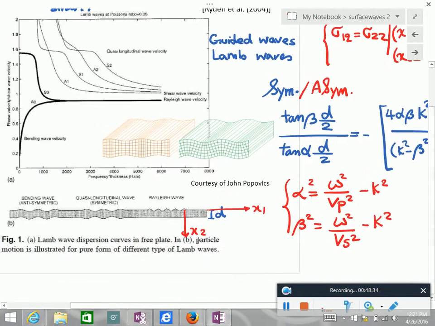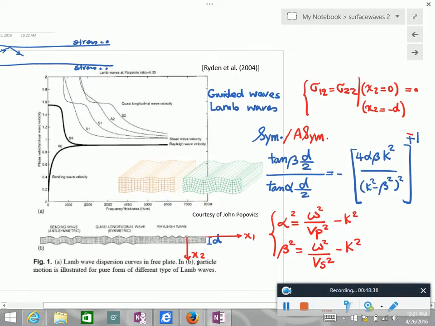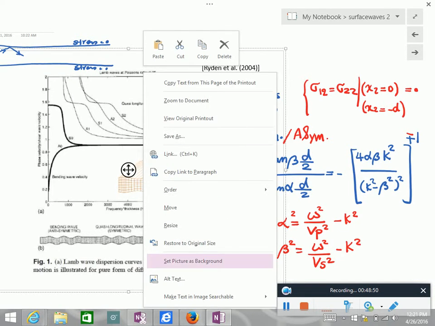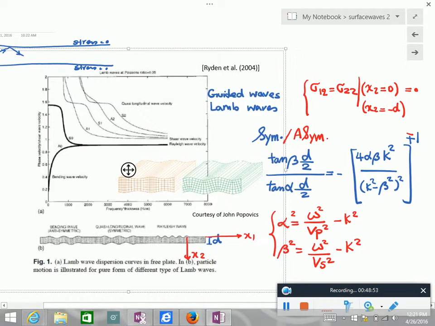And what you see plotted here is just the solution to this equation. When you plot the solution, you get these sets of curves, meaning that wave propagation can only happen at points which satisfy these frequency and phase velocity constraints.